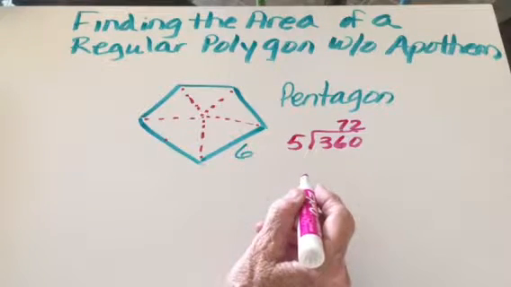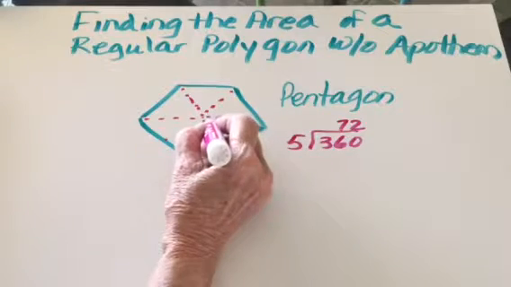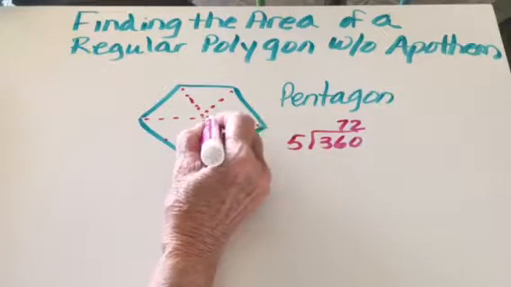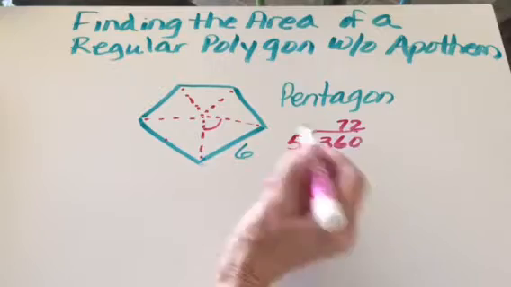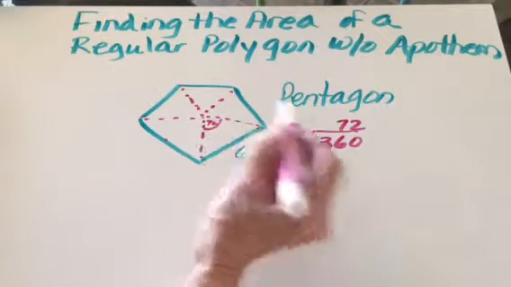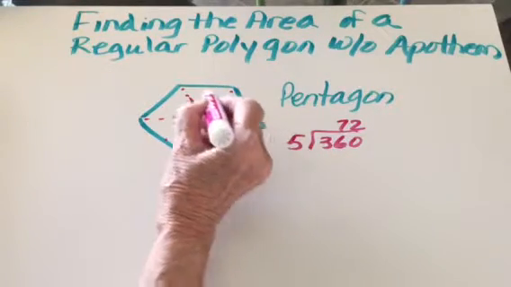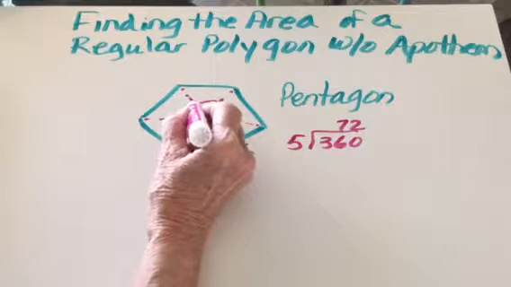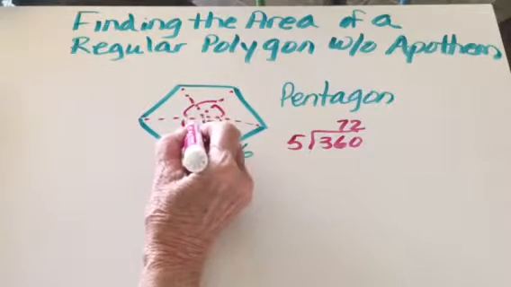So that means that each one of these angles is going to be 72 degrees.